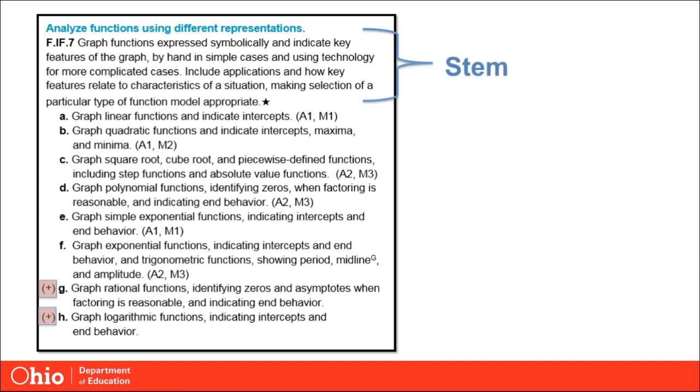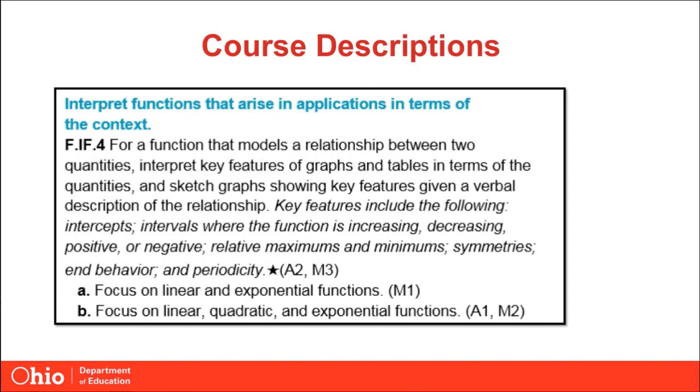Sometimes plus signs are given a course designation, which means that the standard should still be taught to advanced students within that course. But in cases like this, the plus sign indicates a 4th-year course. Notice that in this standard, on the slide, the STEM has a course designation. This shows that the full extent of the STEM is intended for an Algebra 2 or Math 3 course.